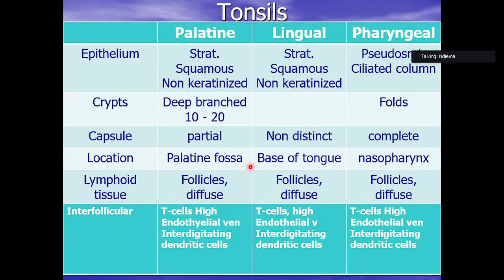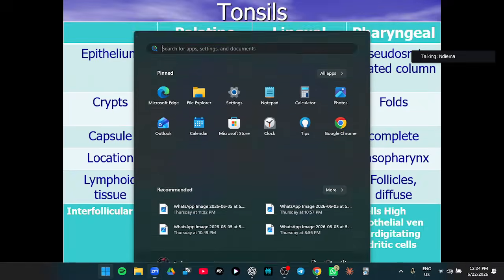The location: palatine fossa, the base of the tongue.